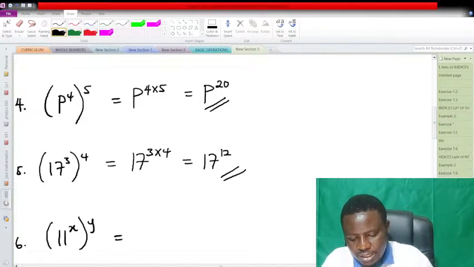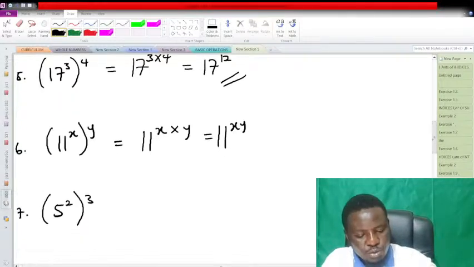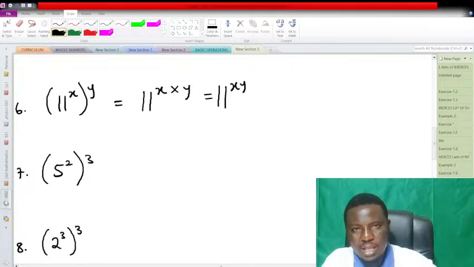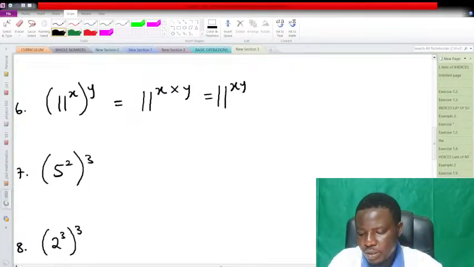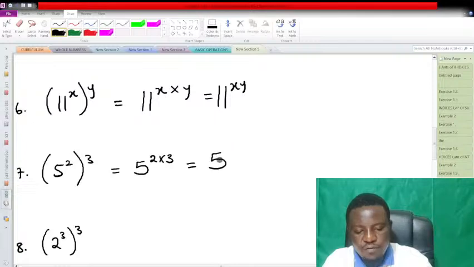Question 6, this is equal to 11 raised to the power of x times y, which is 11 raised to the power of xy. When you multiply x by y, it gives you xy. Number 7, this is equal to 5 to the power 2 times 3, which is 5 to the power 6.